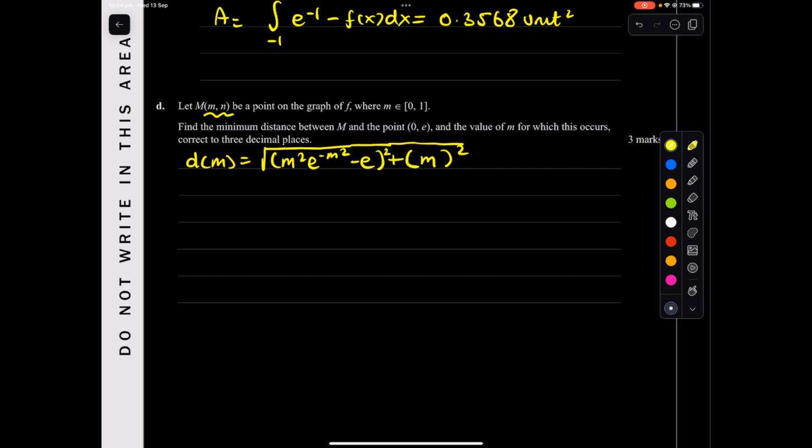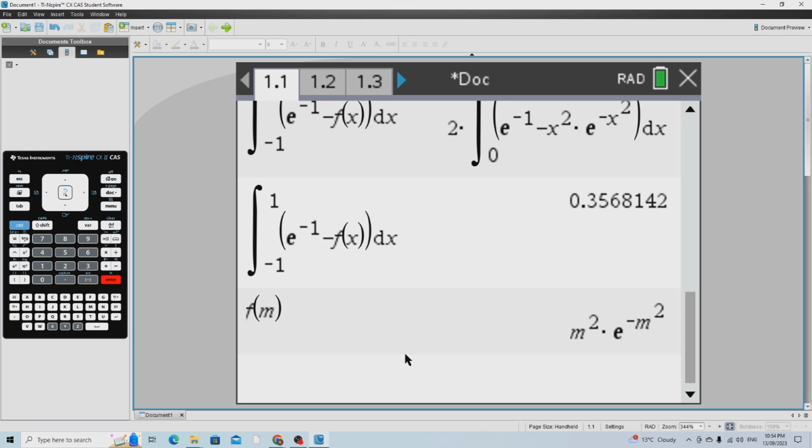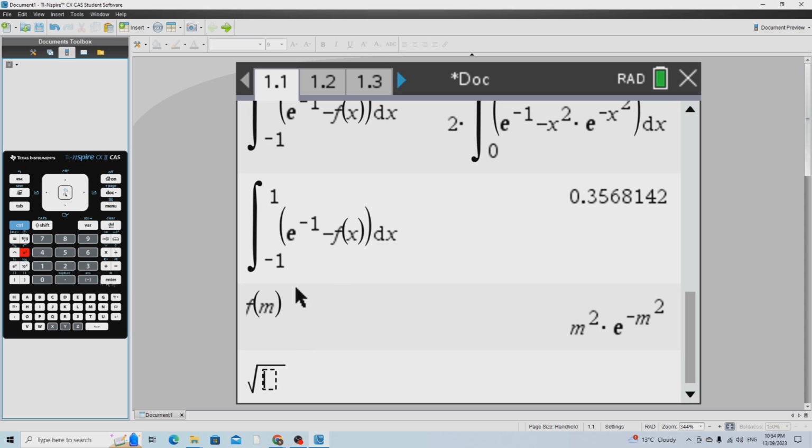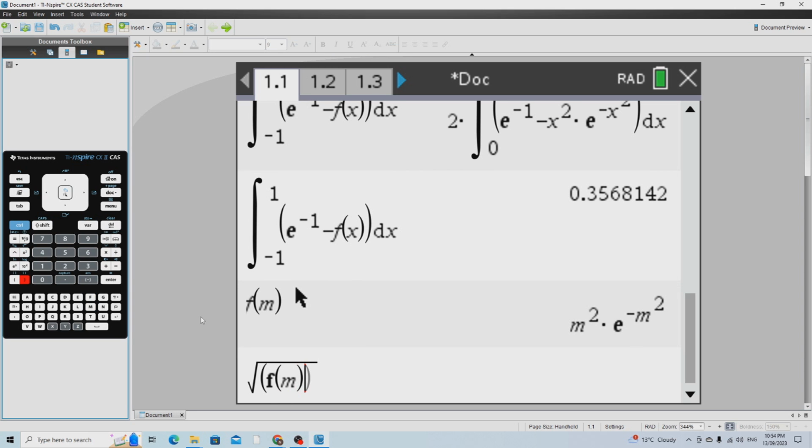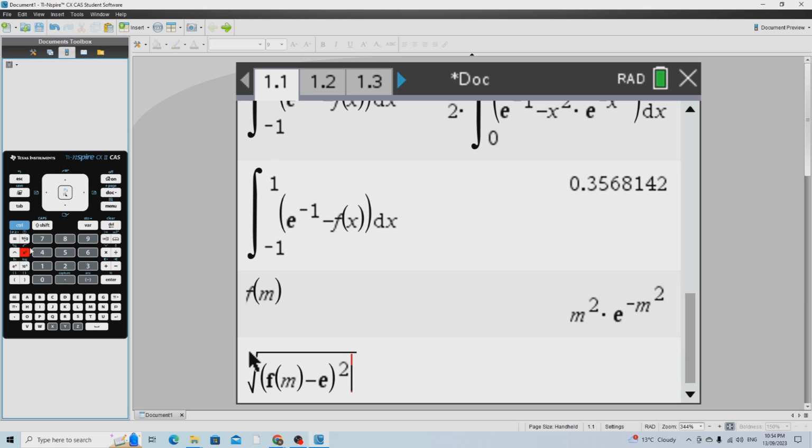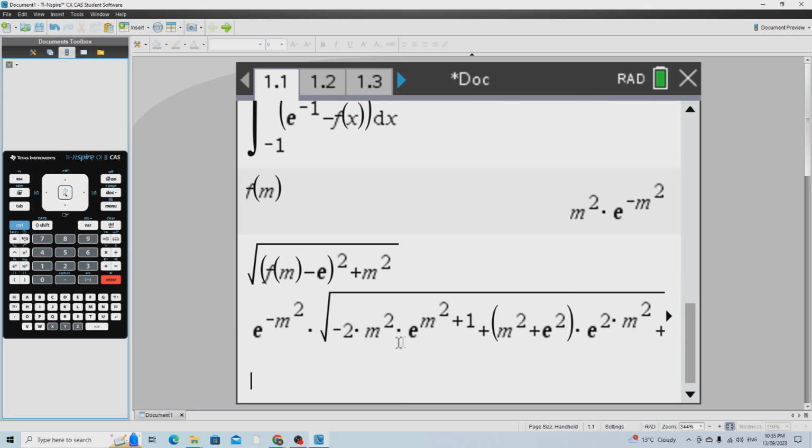So this minus e squared, yep, should be right. I'm now going to use this on my CAS and do this whole thing. I said, what's f of m minus e, we're going to square that, plus m squared. And that gives us this ugly function.